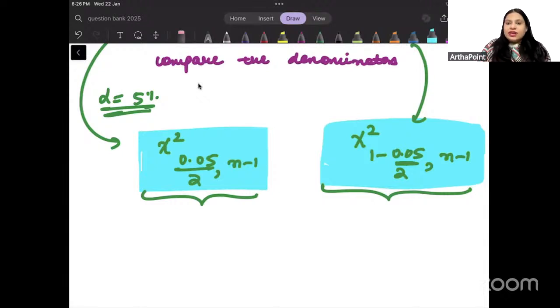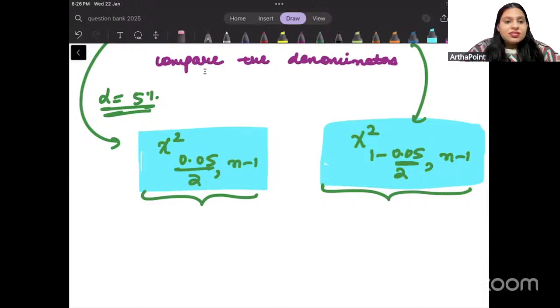Can you quickly open the chi-square table if anyone has access to it? I don't have the table here, and I won't be able to print it in my tab. This is something you should be very clear with.